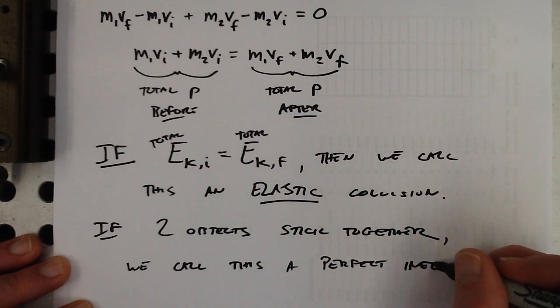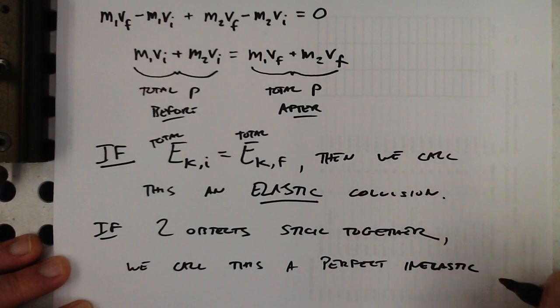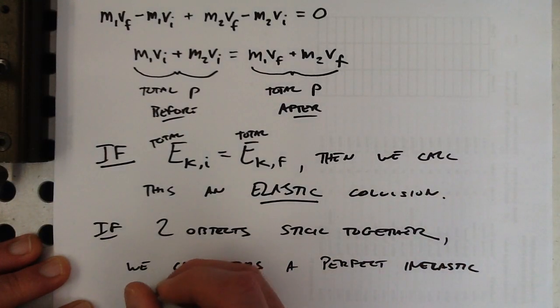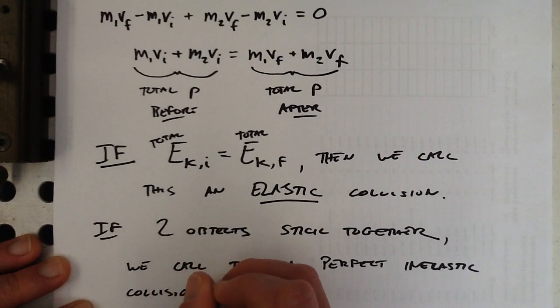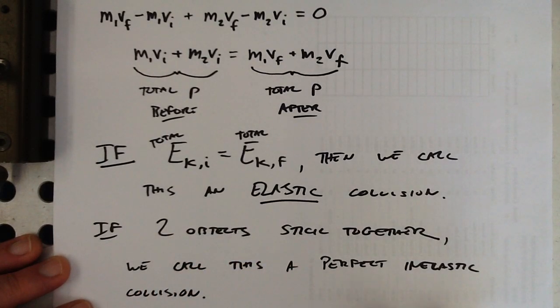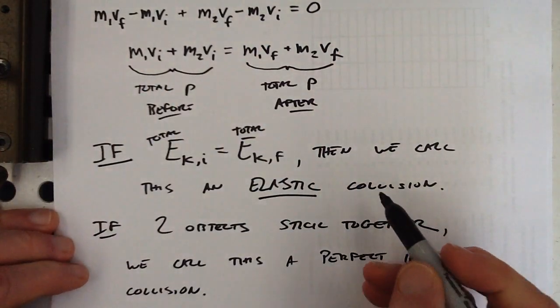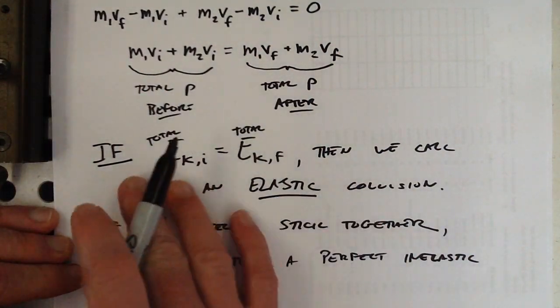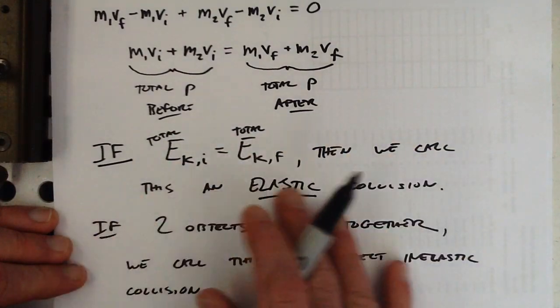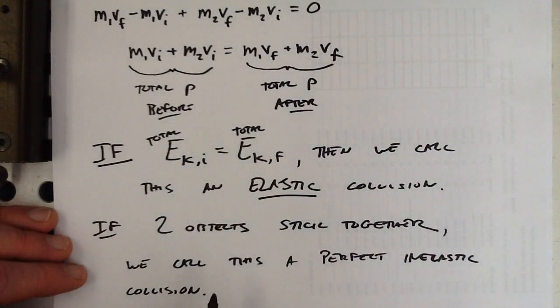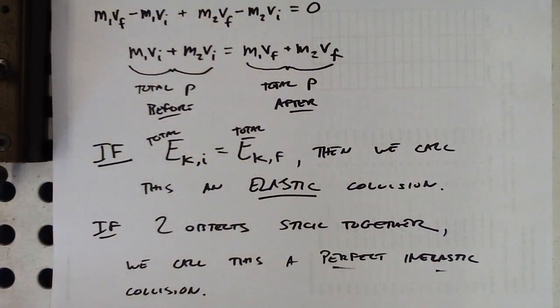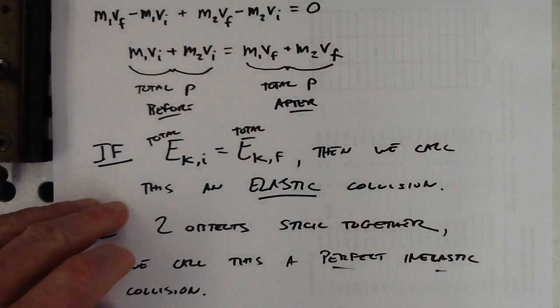We'll drop the perfect. An inelastic collision. Hopefully that's fairly intuitive to you. Elastic, bouncy, bouncy. Things bounce off each other. If it's perfect, if no kinetic energy is lost, then we call that an elastic collision. If two objects stick together, then we call that a perfect inelastic collision. They become one object. All right.